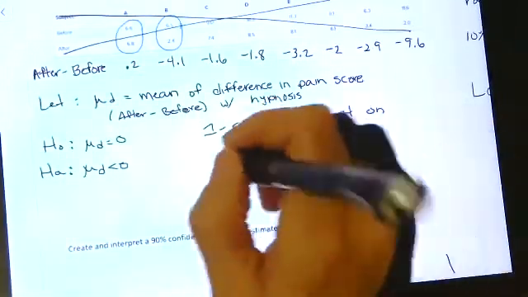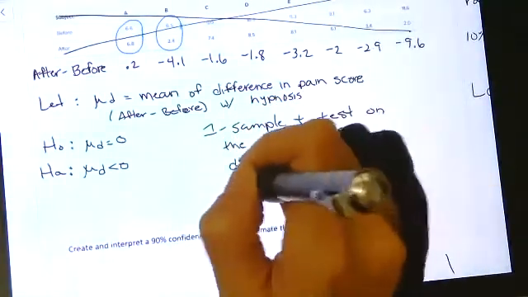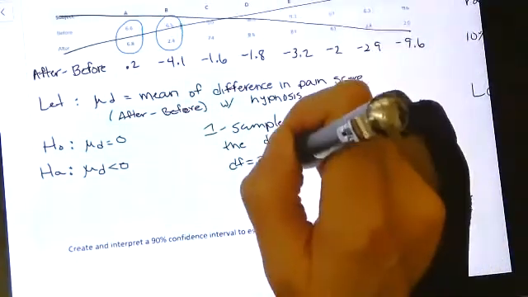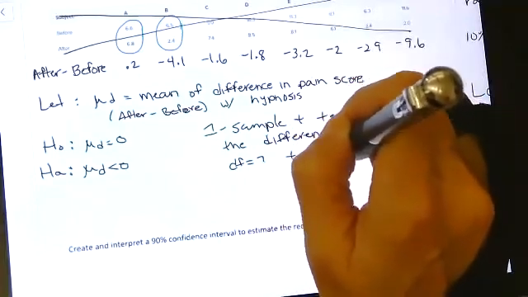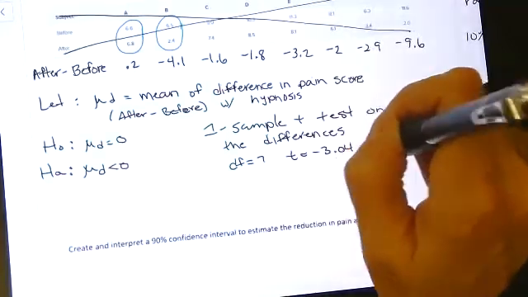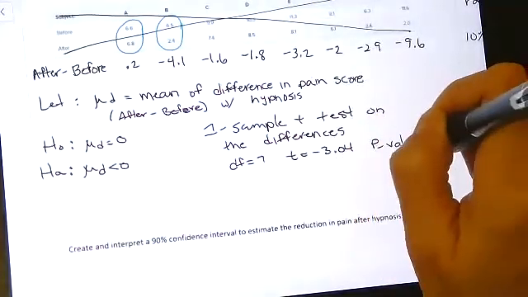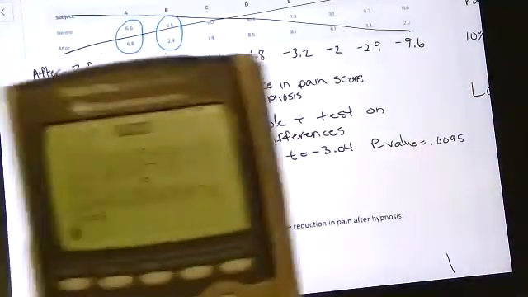I forgot my degrees of freedom is equal to 7, 8 minus 1. T is equal to negative 3.04. My p-value is 0.0095.